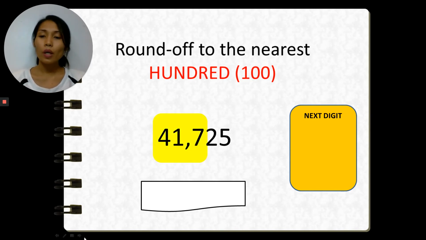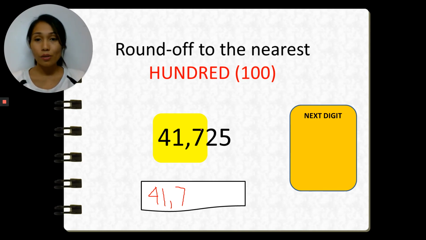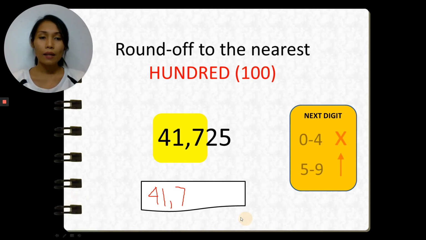Now, we go to rule number 1. We're going to decide up to what number we are going to copy. So up to 4, 1, comma, and 7. Now we're going to decide if we add 1 or not to 7. How are we going to do that? Okay, look at the next digit box.